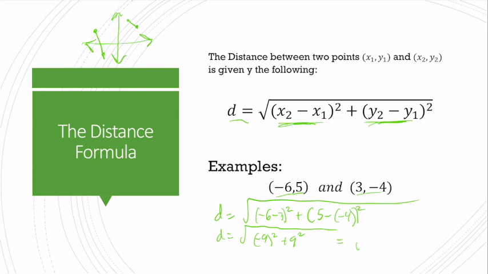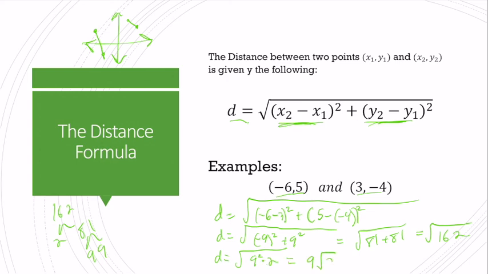That's the square root of 81 plus 81, which is the square root of 162. Well, 162, not surprisingly, factors into a 2 and an 81, and 81 is 9 squared. I'm not going to break it down any further. So I have my distance is the square root of 9 squared times 2, so I get 9 square root of 2 is the distance between these 2 points.